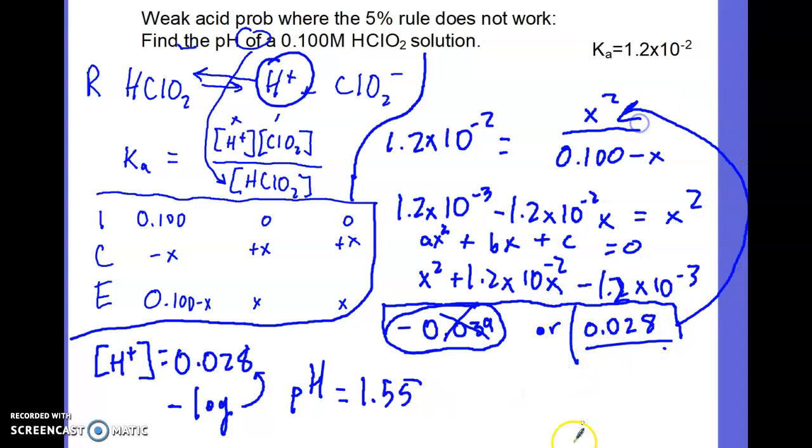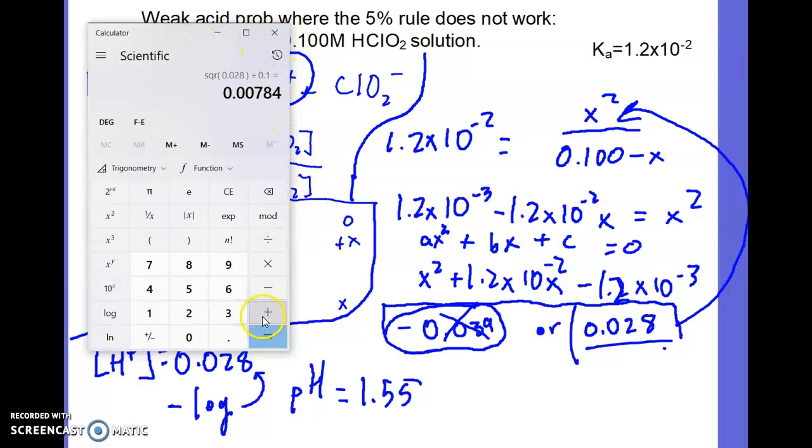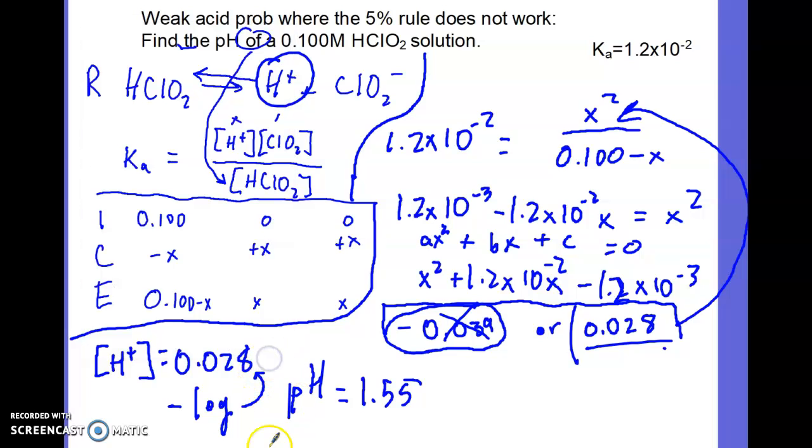If we take this and plug it back into here, you get 0.028 squared, divided by, because we have to also account for this here, right?